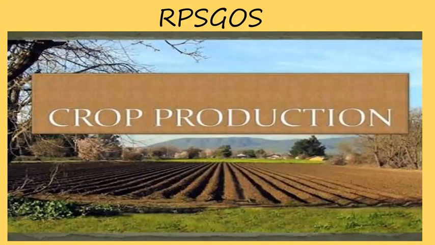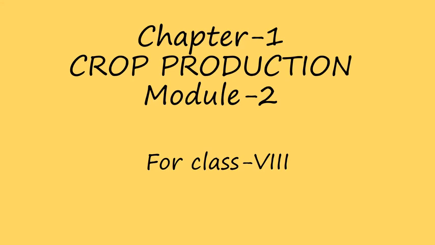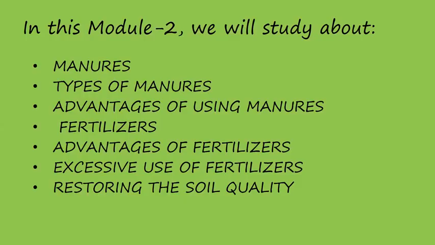Today we will discuss Module 2, which is the continued topic of the chapter Crop Production. In this Module 2, we will study agricultural practices, that is, the application of manures and fertilizers.